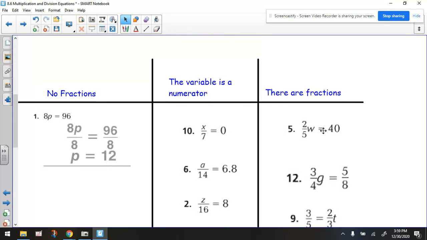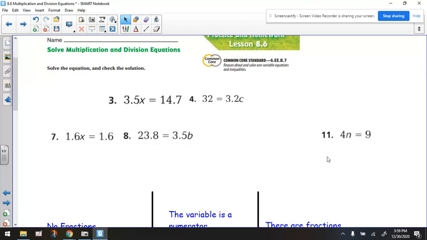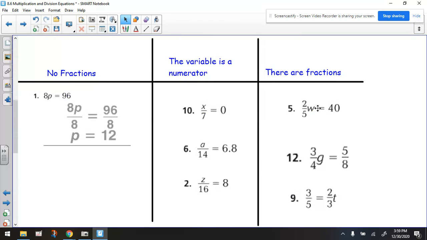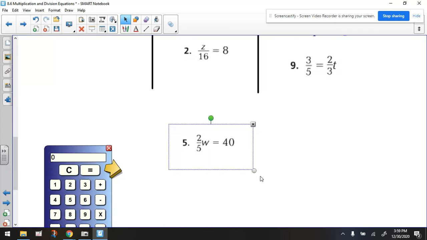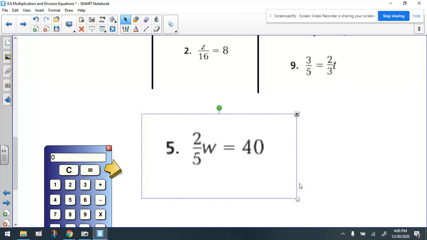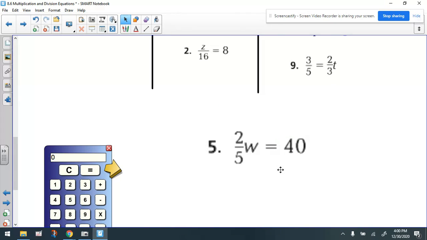Why don't we focus on those first? As a matter of fact, let's take a look at number 5. Number 5 is 2/5 w equals 40. All right, so let's just clone this and move it down here so we can work with it. Now what we should be saying to ourselves is, what's the opposite of multiplying a variable by 2/5?